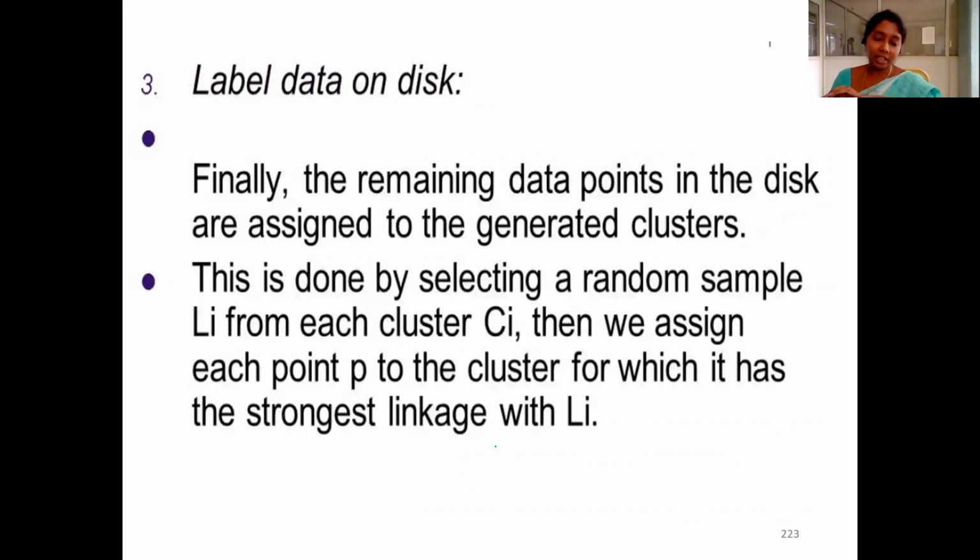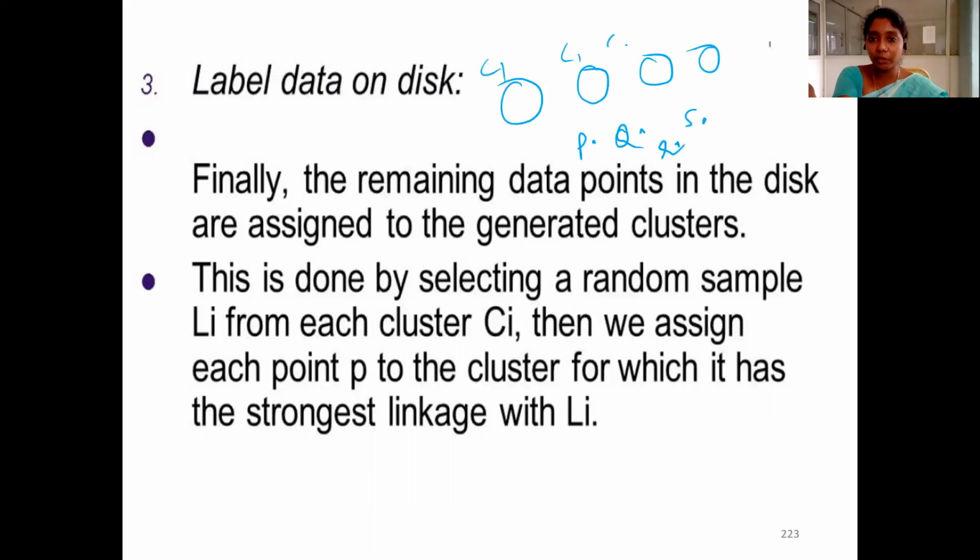Finally, after the clusters are constructed, the remaining data points on the disk are assigned to the generated clusters. This is done by selecting a random sample from each cluster. Then we assign each point to the cluster for which it has the strongest linkage with that point. For example, suppose 4 clusters are finally generated, and we have certain points here: P, Q, R, S. How to know which point belongs to which cluster?